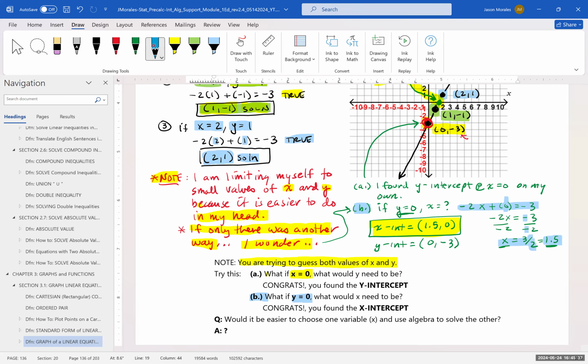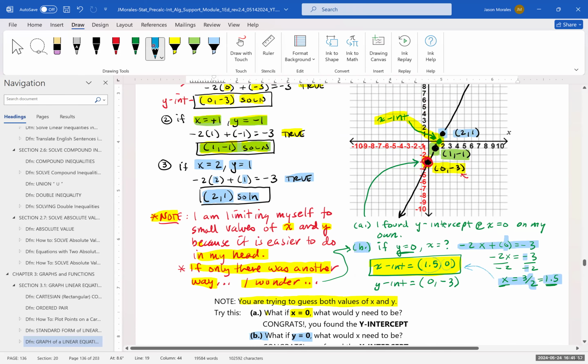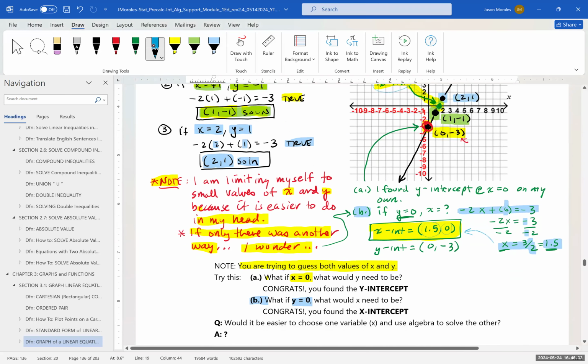That in turn gives us this ordered pair: when x is 1.5, y is 0. That is our x-intercept. You can see I plotted it in green, right there at (1.5, 0).